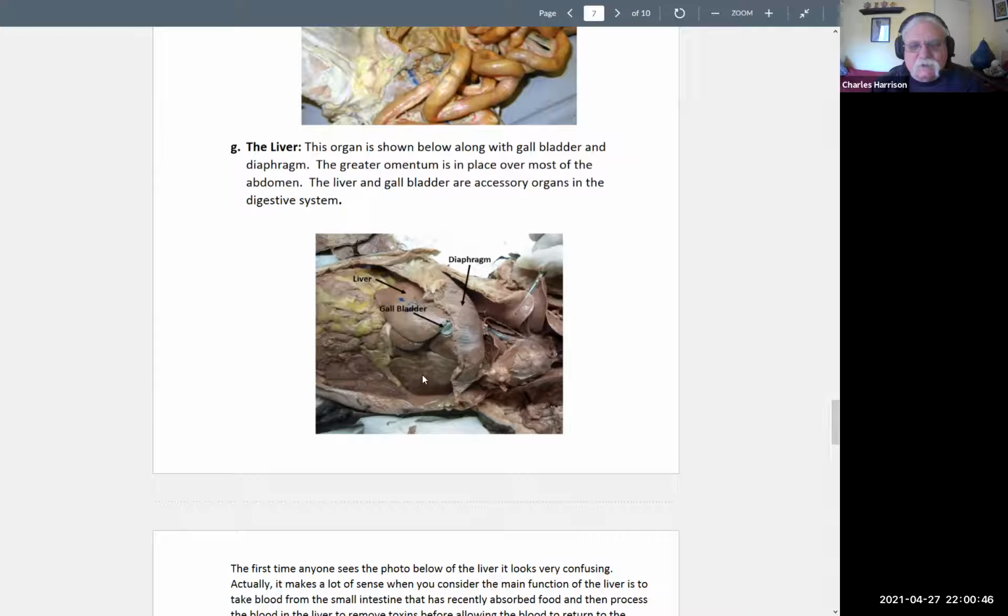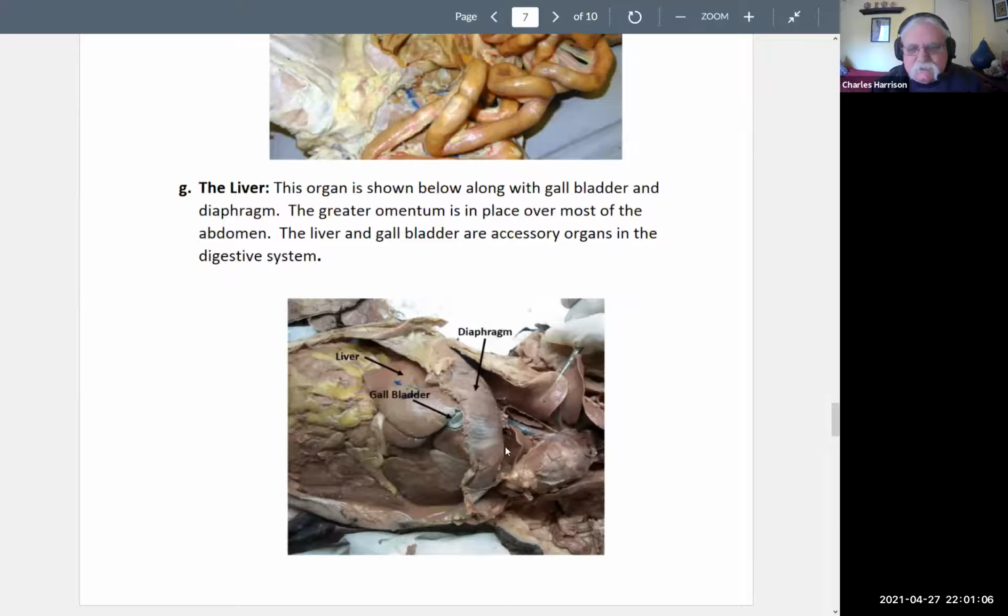And here's the liver right in here. This guy here that had the needle on first, this is the spleen. This little guy is the gallbladder.